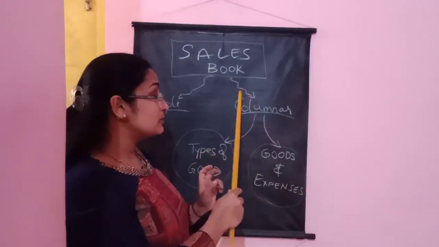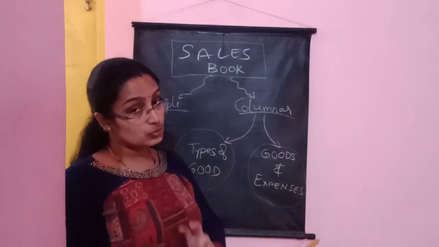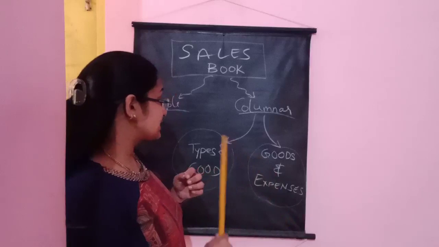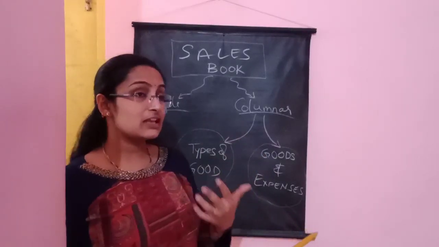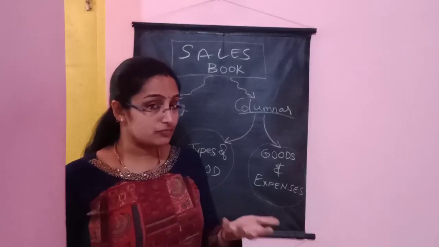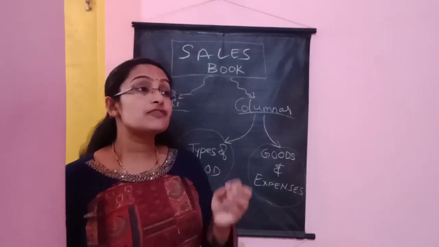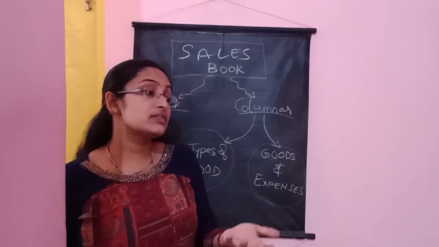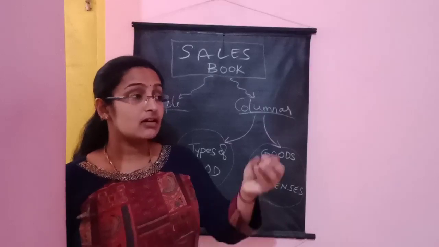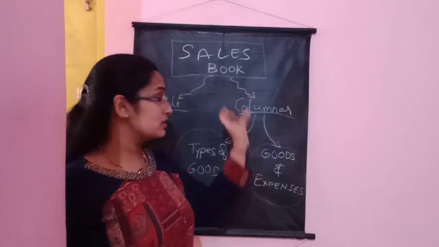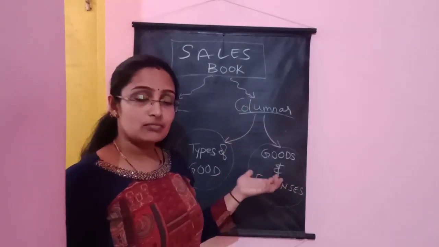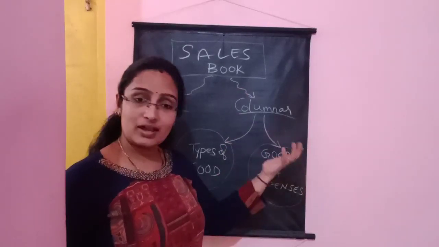Here the columnar sales book is again divided into two parts based on the type of goods mentioned. For instance, if I am a merchant of mobiles and I sell various kinds of mobiles like Samsung, Oppo or Vivo, then I will be writing the columns for Samsung, Oppo and Vivo.